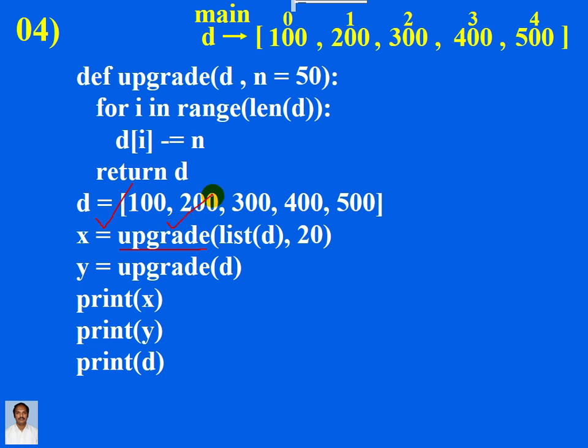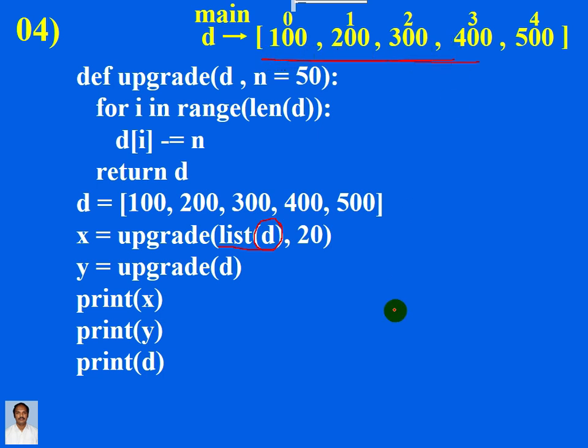This is a function call. Control reaches the point where the function is defined. Now here d is a list. List within brackets d will create a deep copy of this variable d. That is, the content is the same but the memory location will be different.